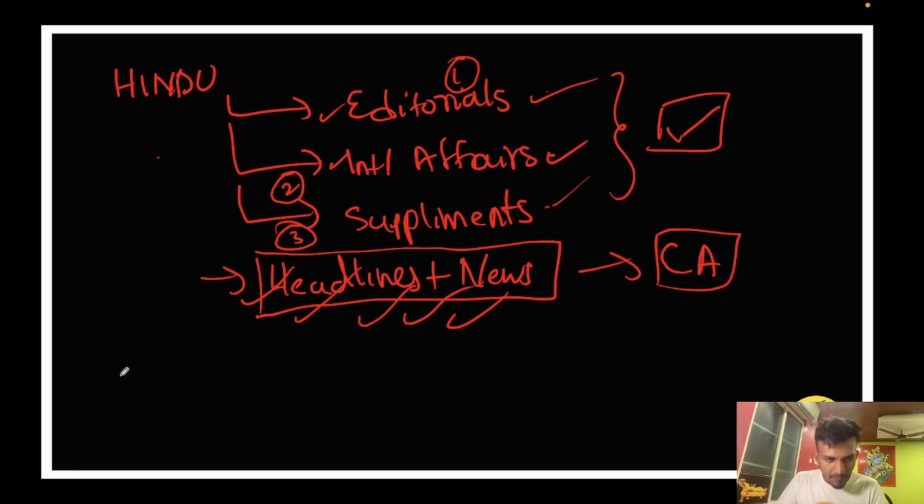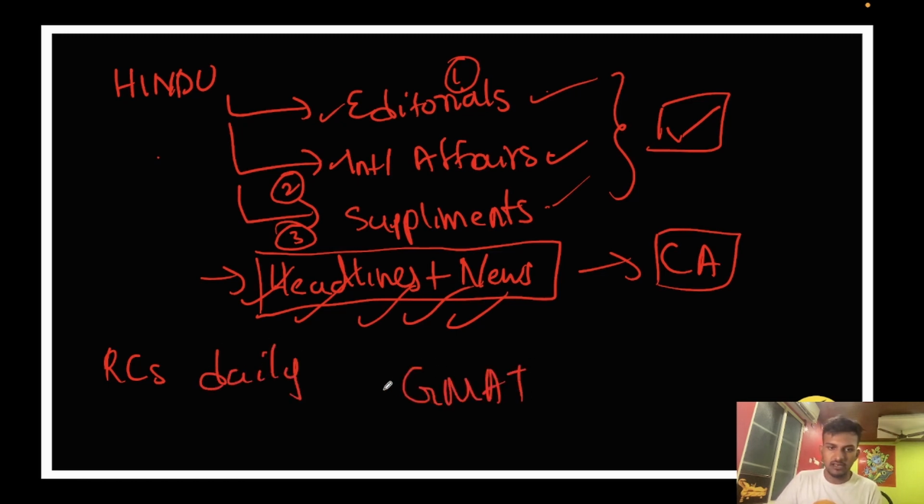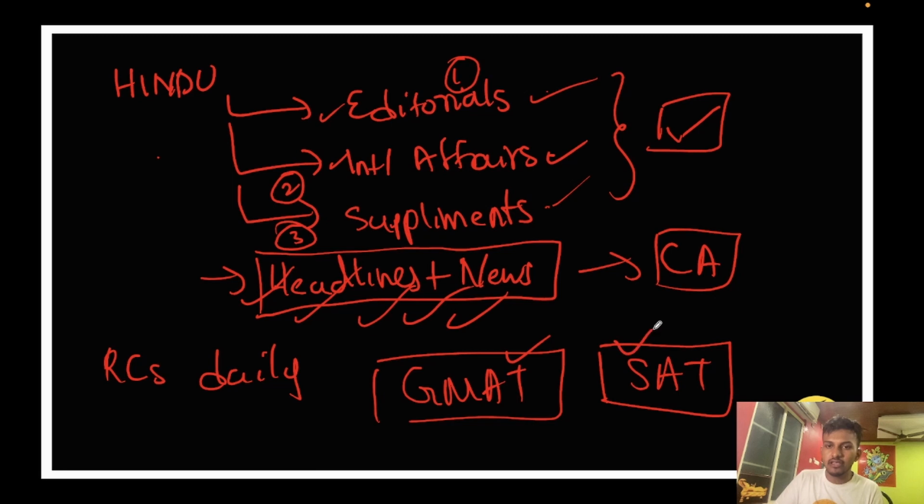Apart from this, solve RCs daily. You can refer to GMAT RCs, which are very good in my opinion. You can also refer to SAT comprehensions, which are also very good. Apart from that, if you are a student of TJP, you can use TJP material.